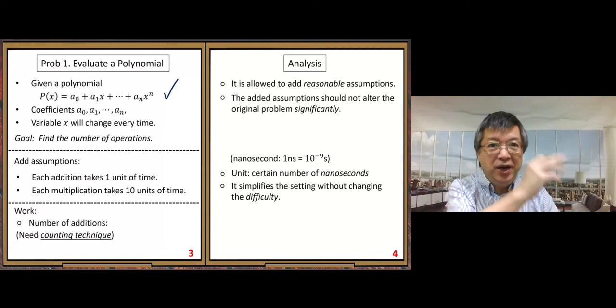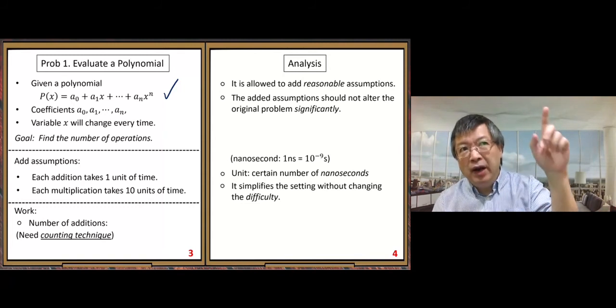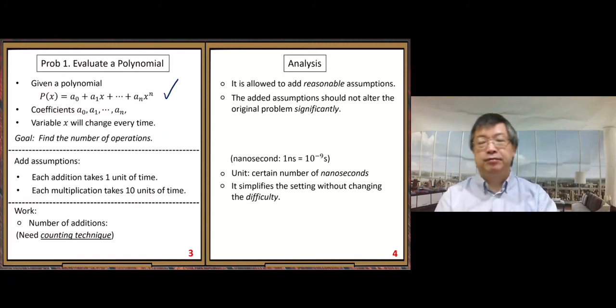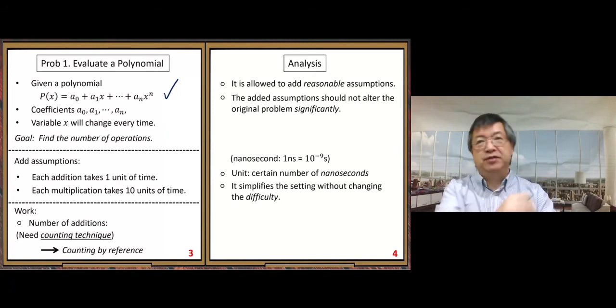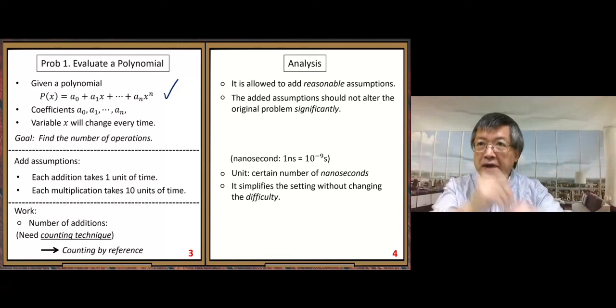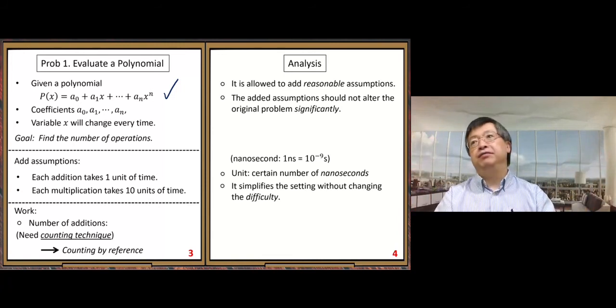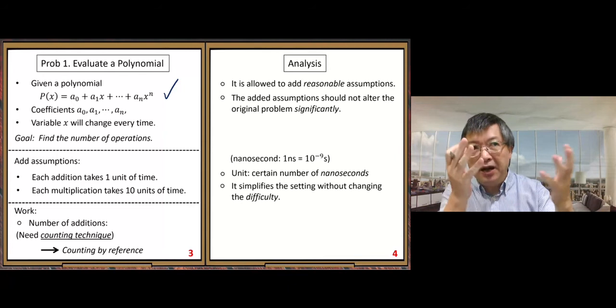Here we need to use one of the counting techniques. Here I call it counting by reference. It's a simple counting technique, but very effective. Let me explain the idea.